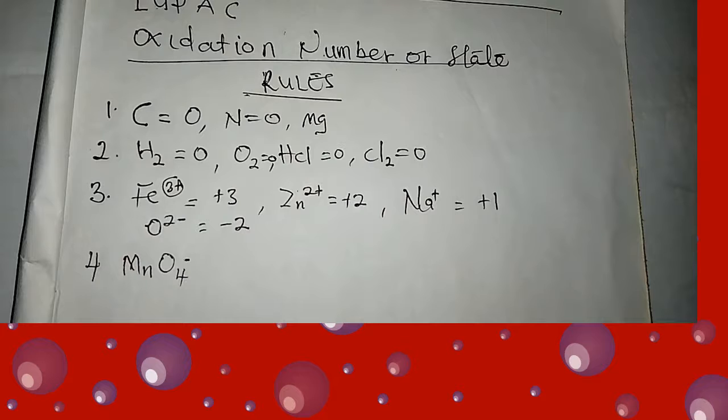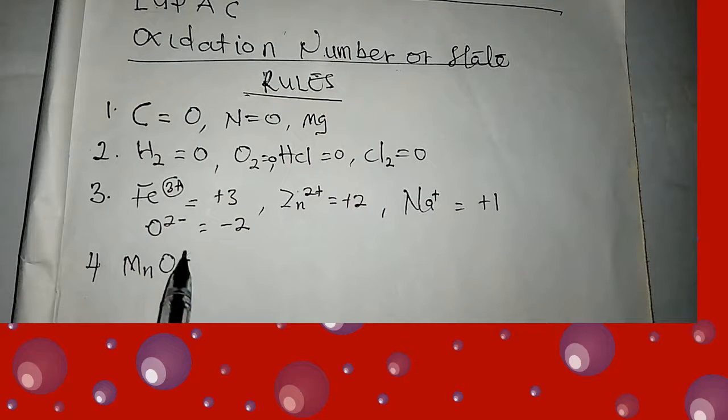So what we are saying is that this ion or radical, when we talk about a radical, we are talking about a group of atoms that stay together as a charged unit. So you have manganese, you have oxygen here that stay together as one unit.